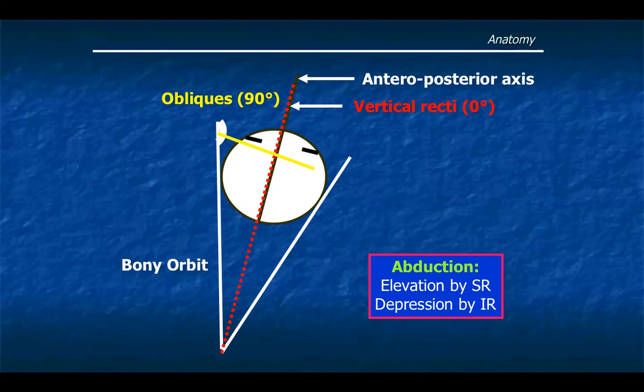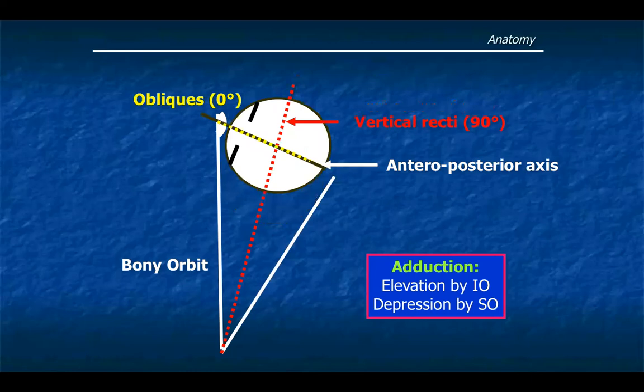So if we abduct the eye, and the abduction here is done by the lateral rectus, not by the vertical recti, the vertical recti become the only elevators and depressors of the globe. So the field of action of the superior rectus muscle is elevation of the abducted eye. The field of action of the inferior rectus muscle is depression of the abducted eye.